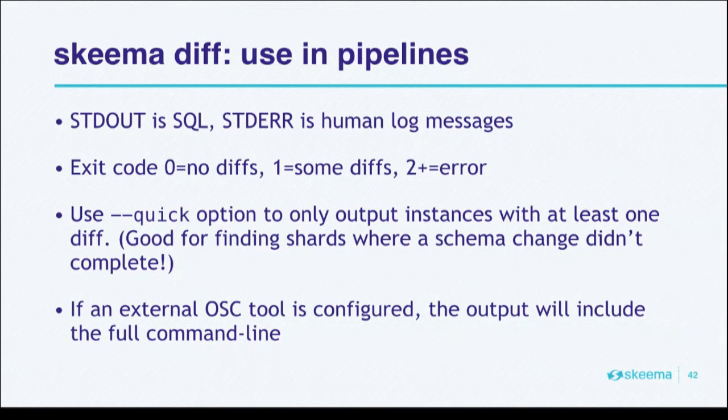You could use --quick in schema diff, and that would just change the output to only be a list of hosts and ports of places that have at least one change that needs to be made. And also, if you've configured an external OSC tool like pt-OSC, the output includes that full command line templated out to include all the flags and the full invocation of pt-OSC. So I'll show you an example of that a little later.